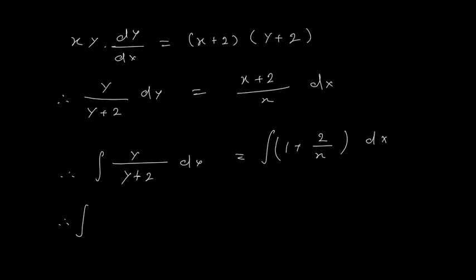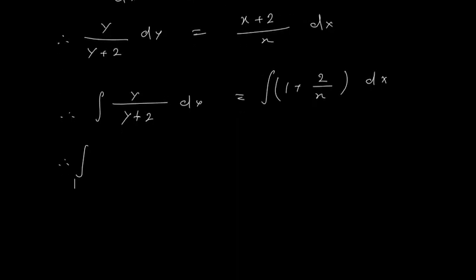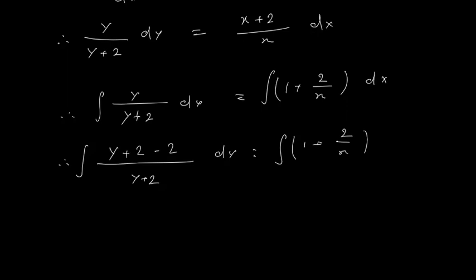So we should divide the numerator by the denominator. But here, as our numerator is y, we will do a little adjustment. That is, we say this is (y + 2 minus 2) divided by (y + 2) into dy is equal to 1 plus 2 upon x dx.